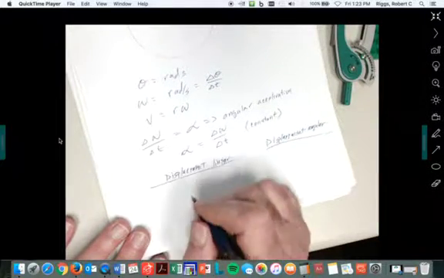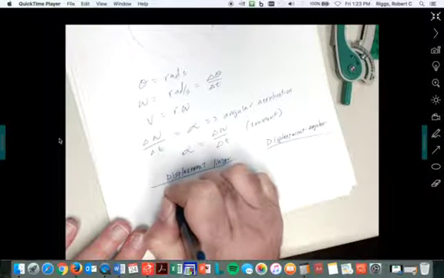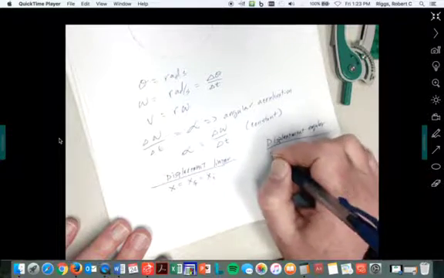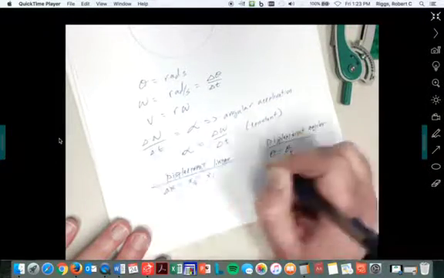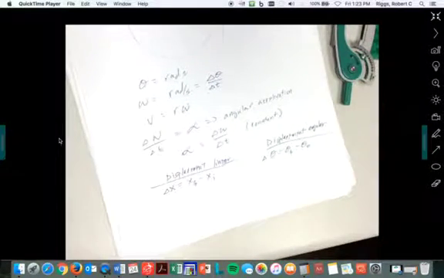For linear, we've got delta x is equal to x final minus x initial. Here we've got delta theta is equal to theta final minus theta initial.